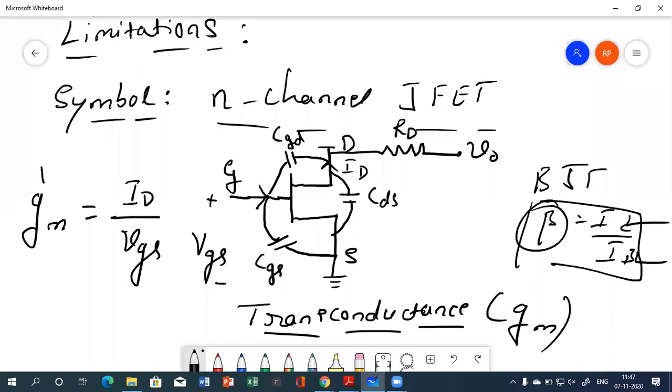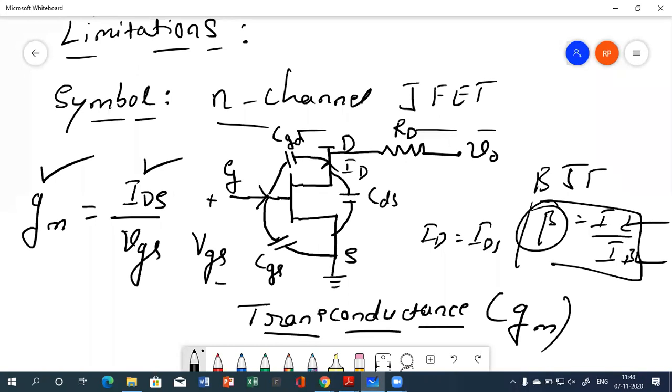Now remember, gm is the transconductance, ID is the drain current. But in some equations, we can use the drain current as the drain to source current also. Instead of ID, we can write IDS. Both are the same. ID is the drain current, IDS is the drain to source current, and they remain almost the same.